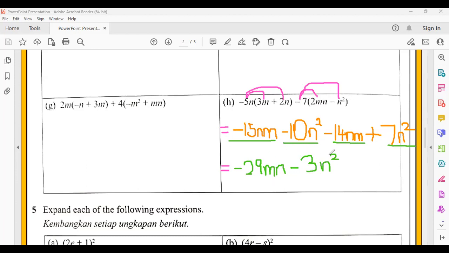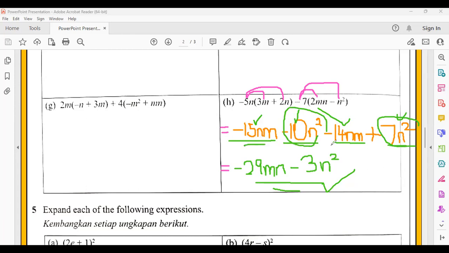Can you see this? Your answer ought to have been this. See, I just bring this in, and I get negative 15nm minus 10n squared, and then this one, negative 14nm plus 7n squared. So my n squared and n squared will combine together.